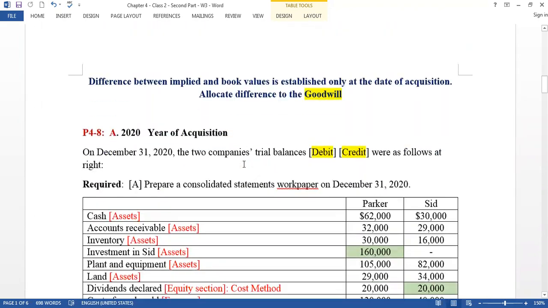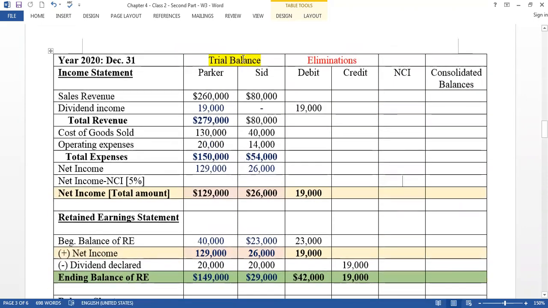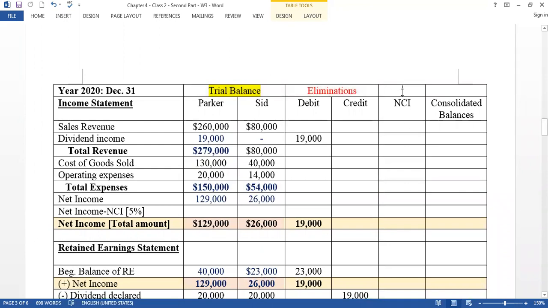Last class we completed the first two columns, the trial balance and the elimination entries. Today we are going to complete non-controlling interest and the consolidated balances.